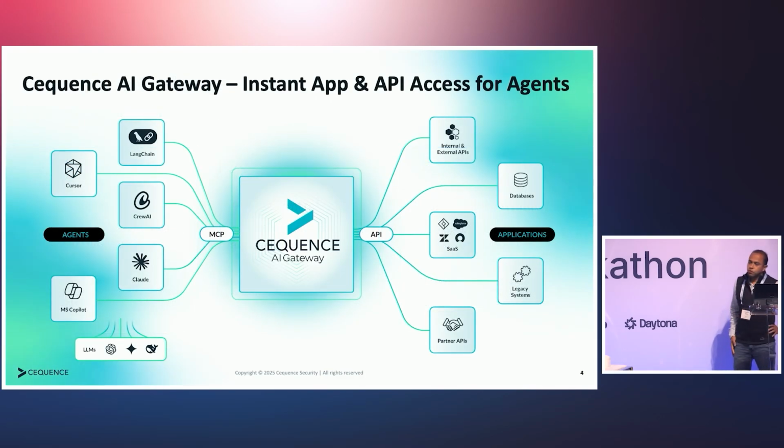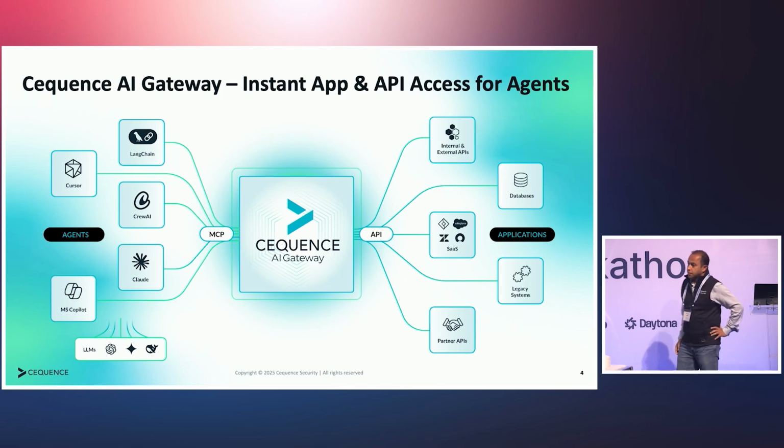So this is where Cequence AI Gateway comes in. Cequence AI Gateway is effectively MCP servers sitting between your agent and your applications. You might have your LLM going through a separate gateway, but we are enabling the access to your data, your actions, whatever apps you already had in place.